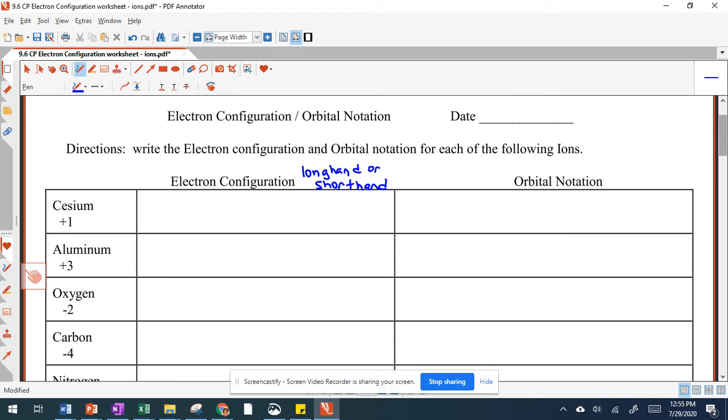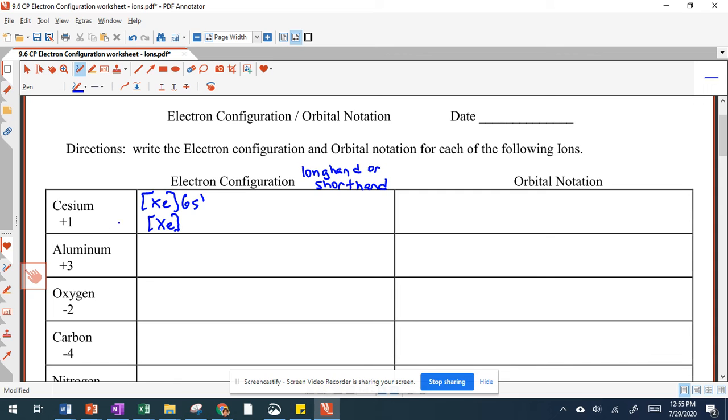I first want to do cesium. So cesium is in the sixth energy level, so its noble gas is xenon. First, we're going to write the neutral atom. So it's going to be xenon and 6s1. So when we form that +1 ion, it's going to become isoelectronic with xenon.